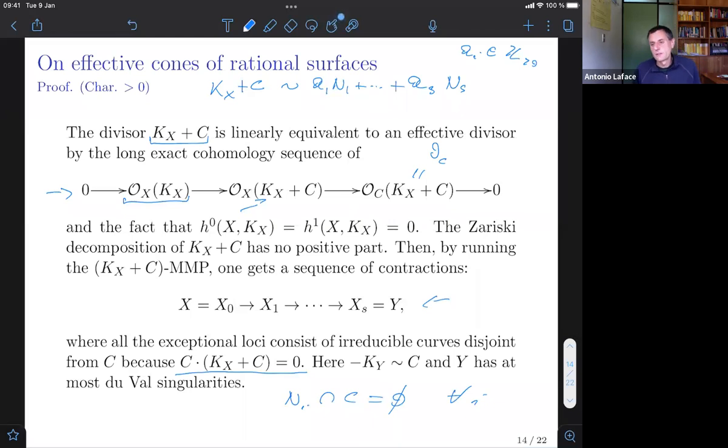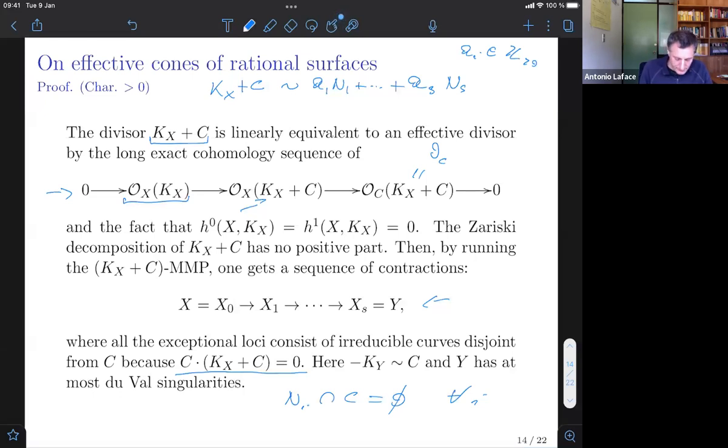So I'm contracting curves which are disjoint from C. And this implies that I have a copy of C as a Cartier divisor on Y. On the other hand, since I contracted all of Kx plus C, now I have that on Y, Ky plus C is trivial. So minus Ky is linearly equivalent to C, which is Cartier. So this implies that Y is a surface which has at most du Val singularities.